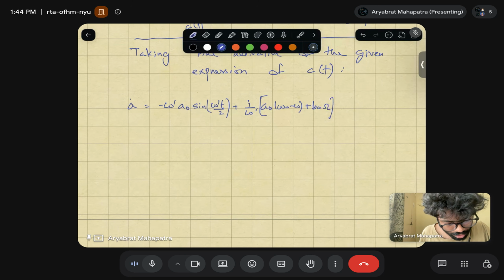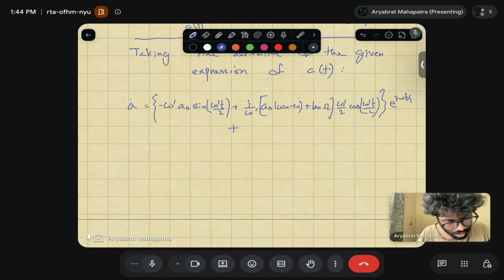Then the derivative of sine omega prime t by 2 is omega prime by 2 cos of omega prime t over 2, and this is exponential i omega t over 2.